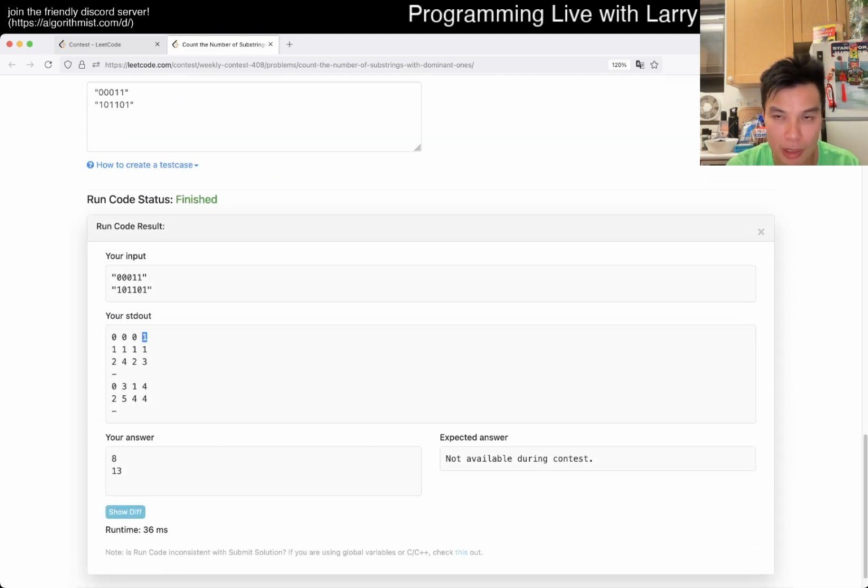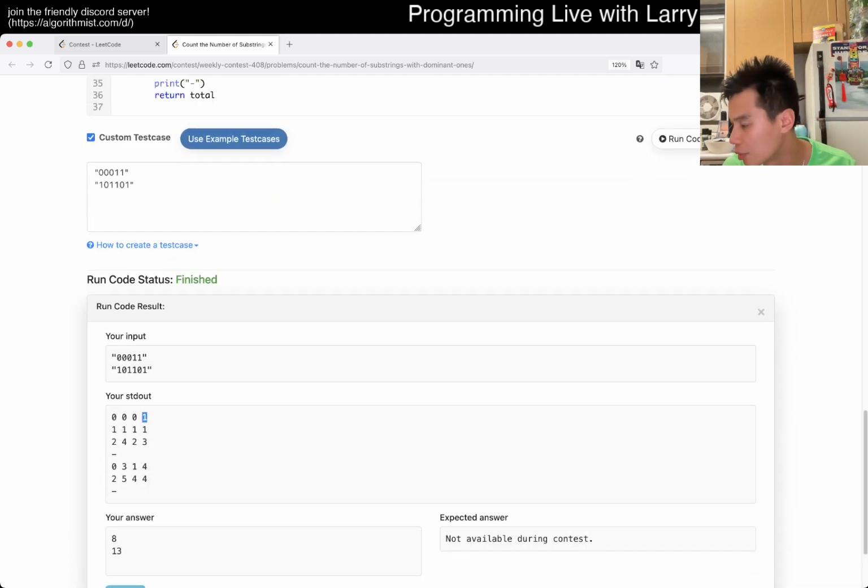So the length is 1, but we want length 2. No, we want, oh yeah, we want, but it could be more than that. That's the thing, right?